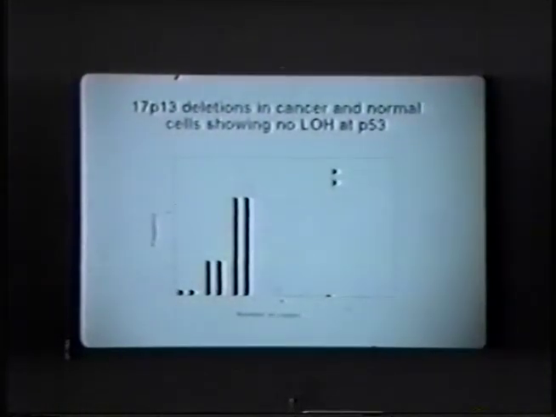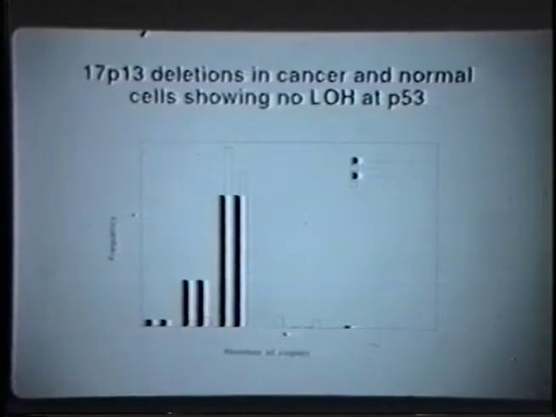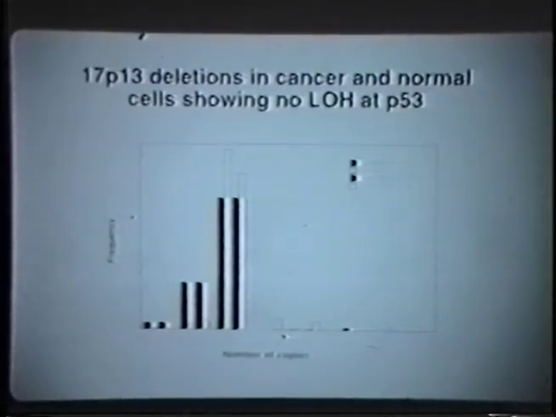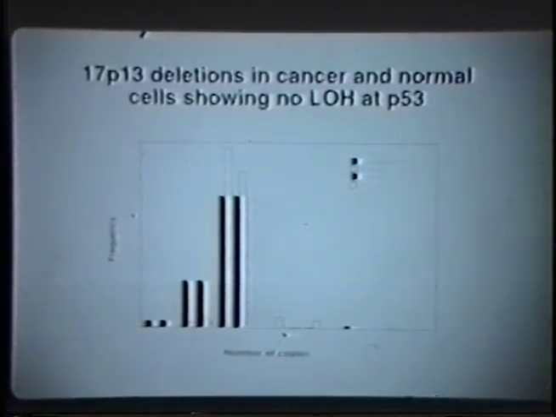Just to continue that story, we asked the question, does this kind of scheme for detecting deletions really correlate with other molecular genetic events that seem to indicate loss of it, or indicate the activation of a mutant tumor suppressor gene?